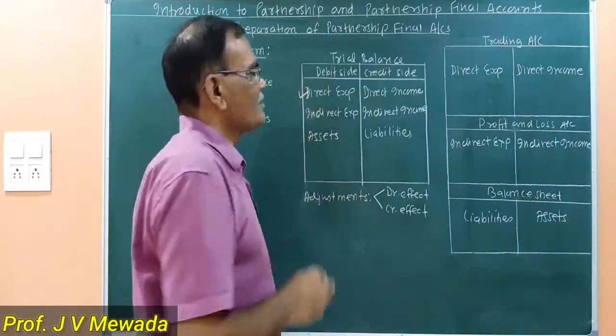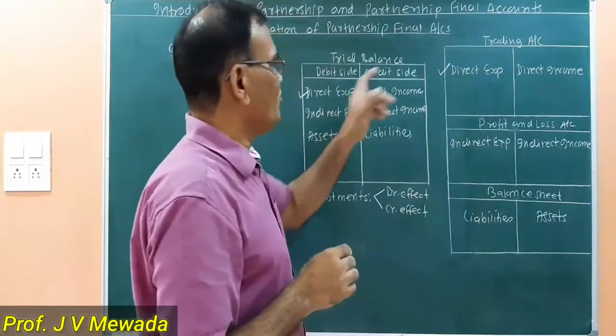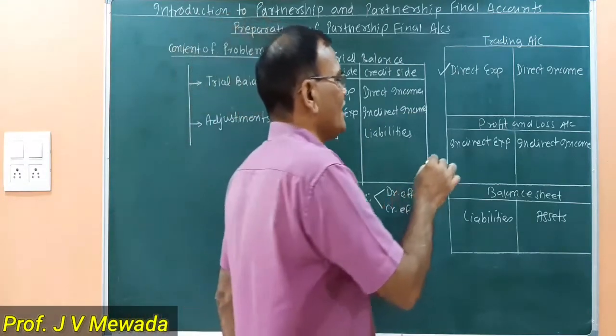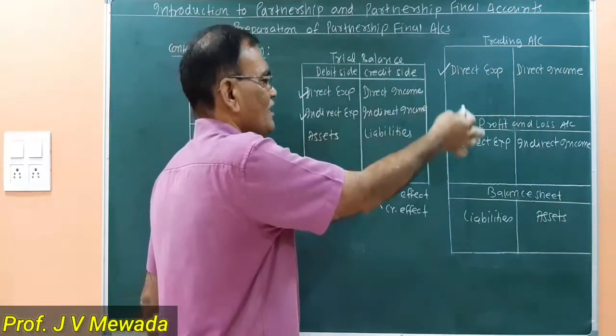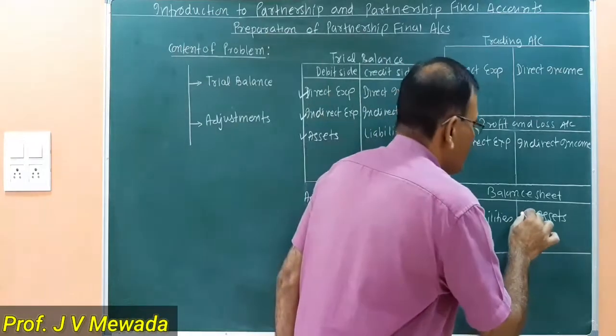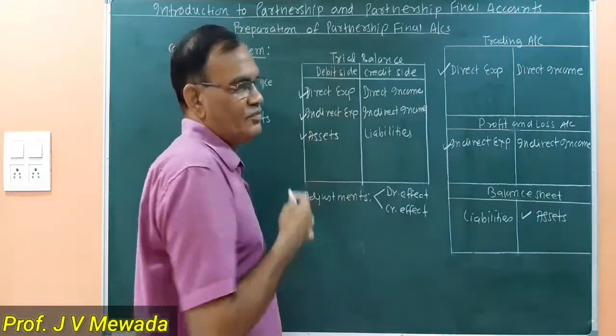Direct expenses appear on the debit side of the trading account, so debit items on the debit side. Indirect expenses appear on the debit side of the profit and loss account. Again, debit items on the debit side, and assets appear on the asset side of the balance sheet. So the debit side is over.